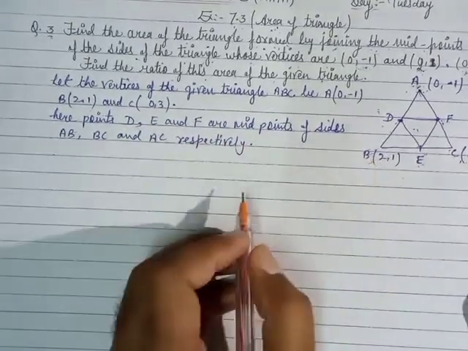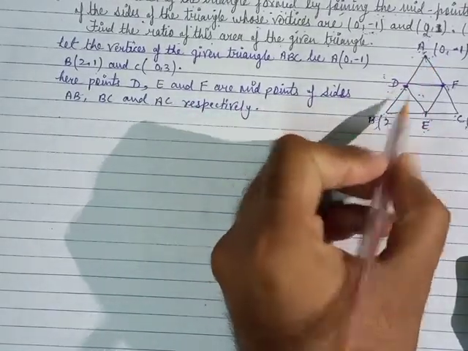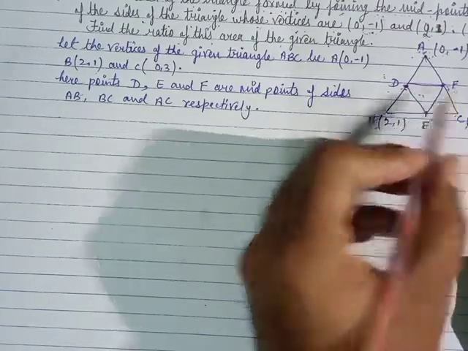Now you can see here D is the midpoint of AB. So first of all we will find the coordinates of D, then E and F.